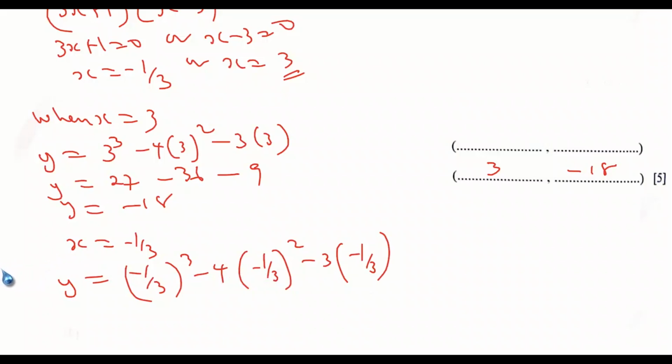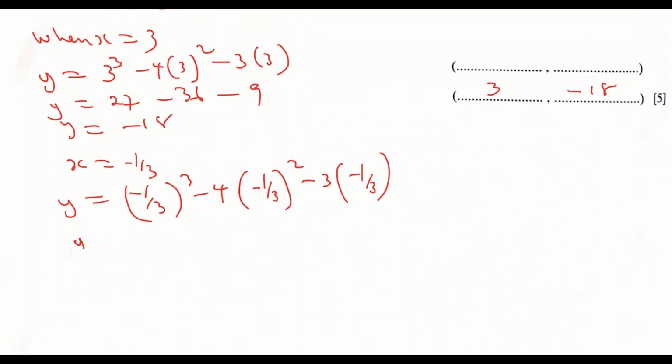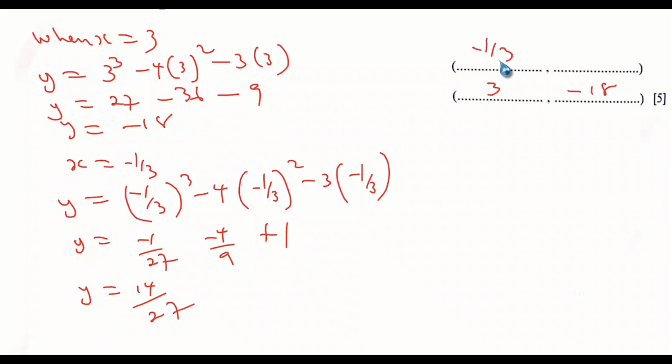So if we simplify this, we are going to get y to be equals to minus 1 over 27, then you get minus 4 over 9, then this will give you plus 1. So if you simplify these two, you are going to get 14 out of 27. So when x equals to minus 1 out of 3, so y is equals to 14 out of 27.